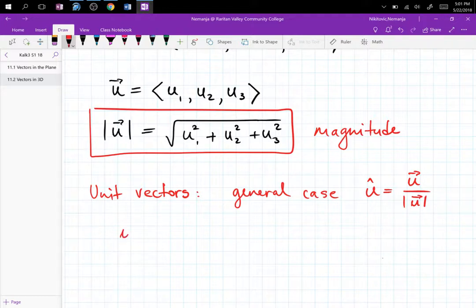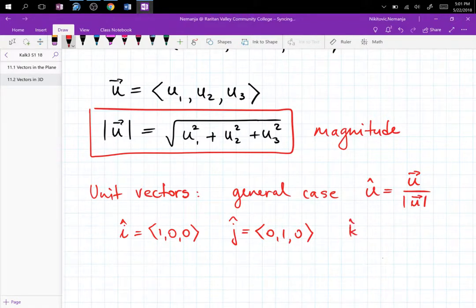So we have i hat, which is 1, 0, 0, j hat, which is 0, 1, 0, and k hat, which is 0, 0, 1.